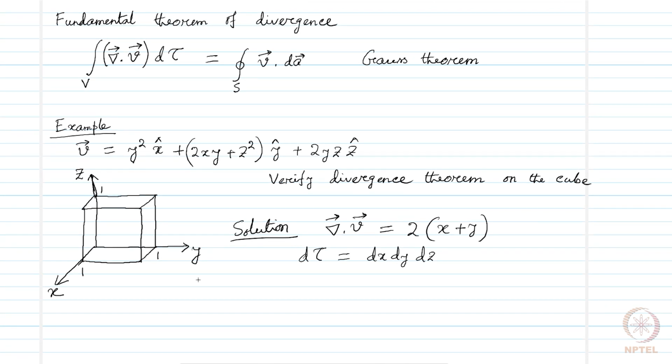So, the volume integral becomes the integration over the volume of twice of x plus y d tau, equals twice of, all our variables are independent here, x, y and z, they do not depend on each other, and all three have the range from 0 to 1.